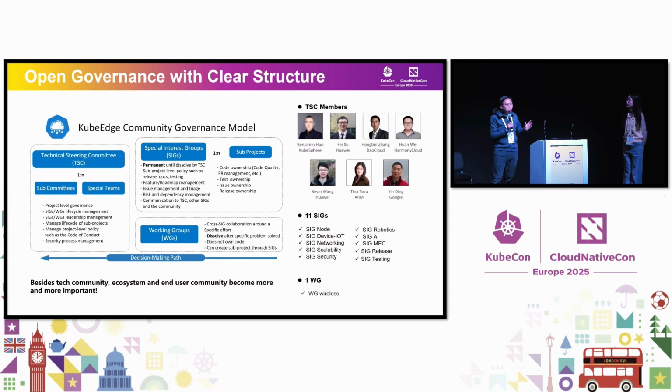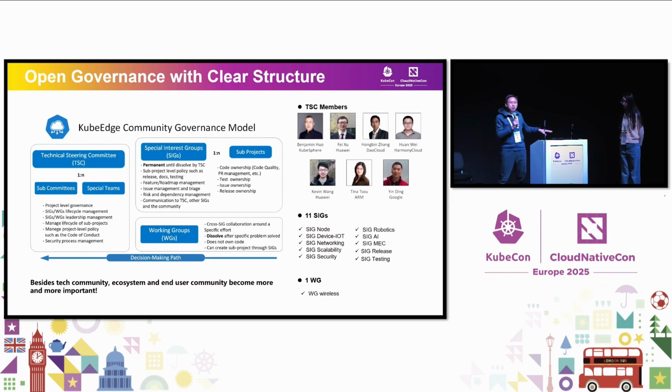I think the technical maturity is okay, and many users and developers are using it. But the key criteria for the TOC to evaluate your project is whether your project has open and transparent governance, and whether you have a clear structure. So here, we put a lot of effort into making our governance open and transparent.